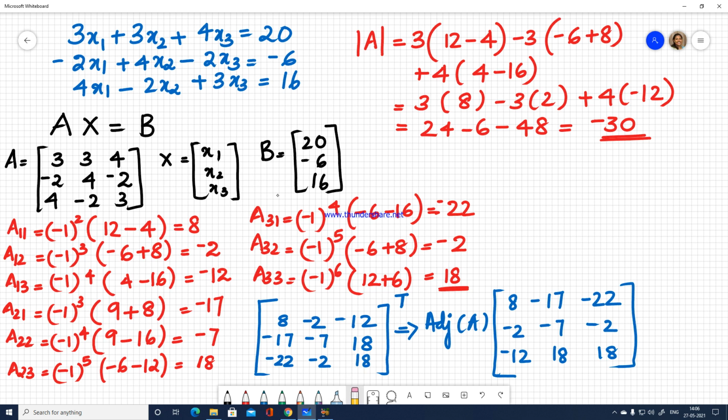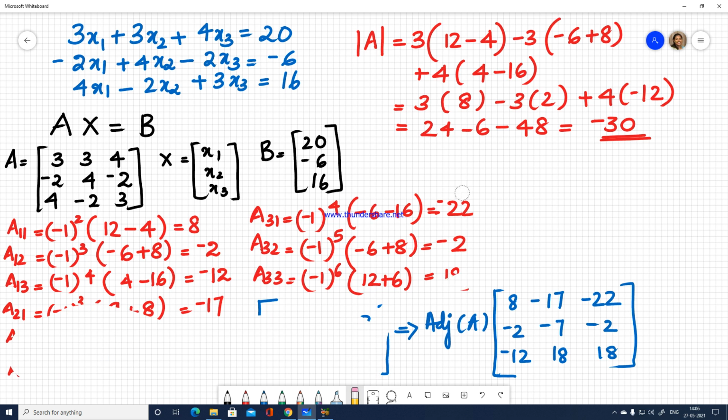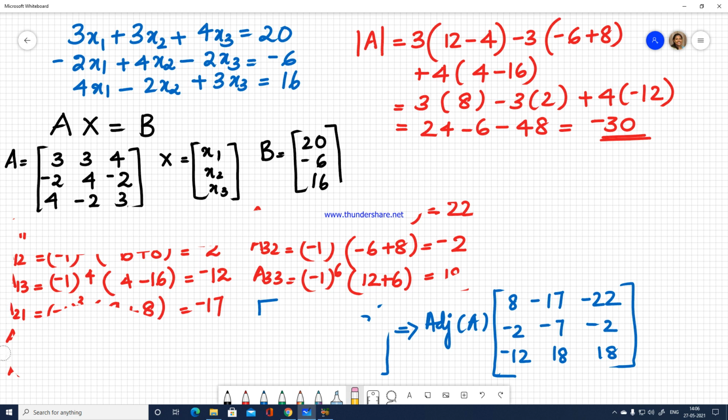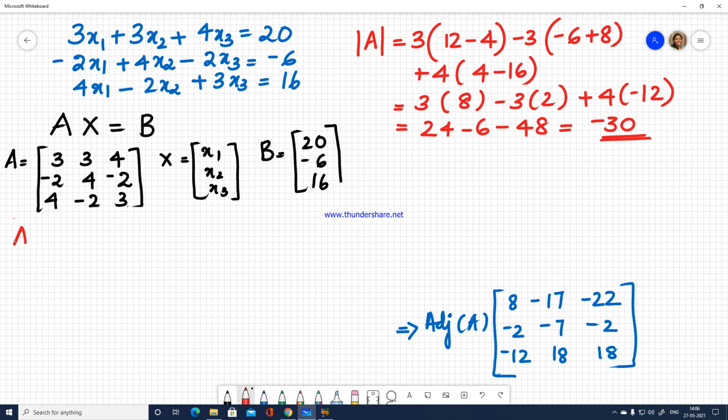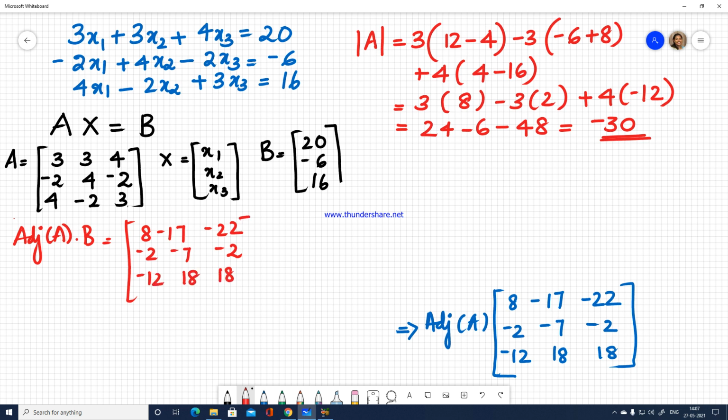Now we have to multiply that with B. So I am going to multiply the adjoint with the particular value of B. Adjoint of A is 8, minus 17, minus 22; minus 2, minus 7, minus 2; minus 12, 18, 18, into B, which is 20, minus 6, 16.